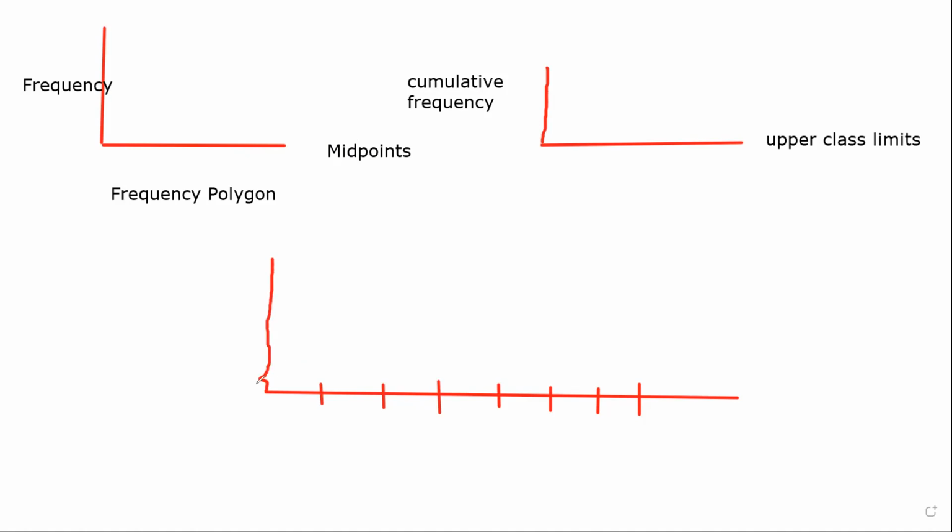We know that, right? And so maybe my first hash mark here, because as I said, my midpoints go from 94 to 130. They're 9 units apart. So maybe I want to make this a scale of, say, 90.